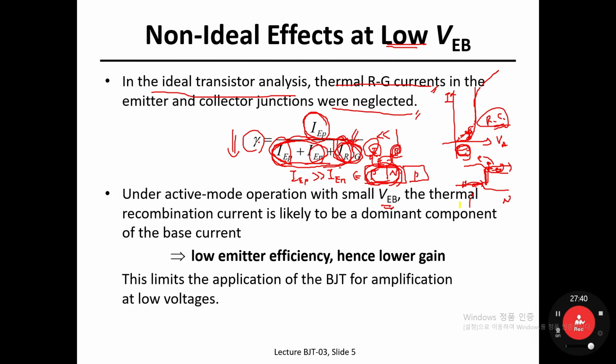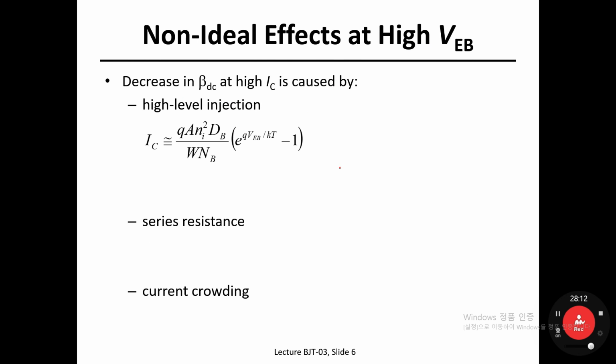This limits the application of the BJT for amplification at very low voltage. We would like a very low power, low voltage device for mobile applications. Then you may catch this idea: aha, BJT is not a good option for low power mobile applications. That is the main reason why plain bulk MOSFET has been widely adopted for mobile applications.